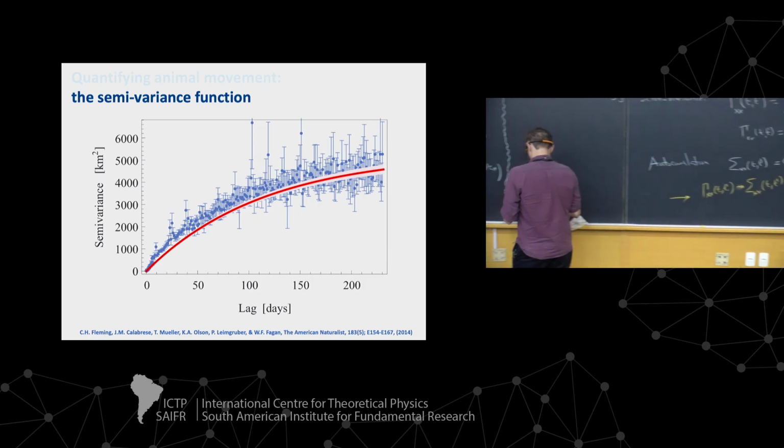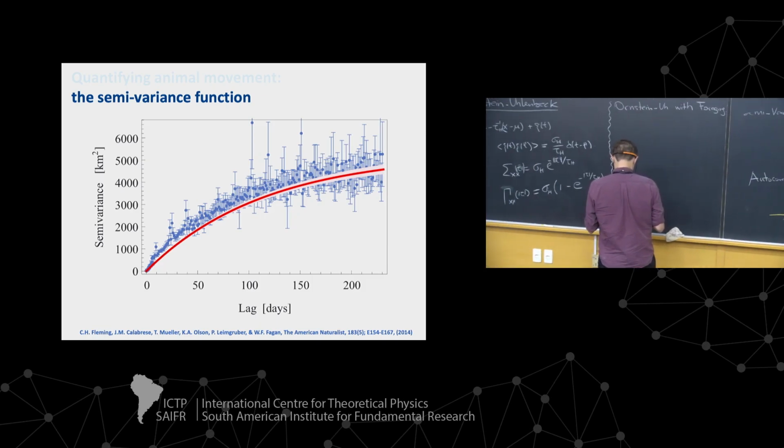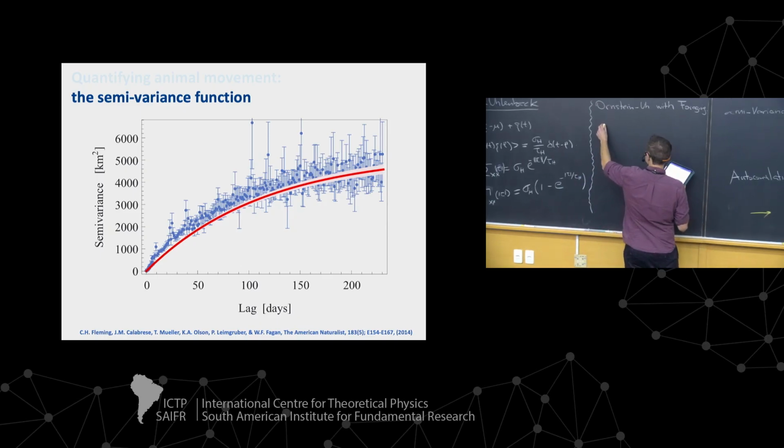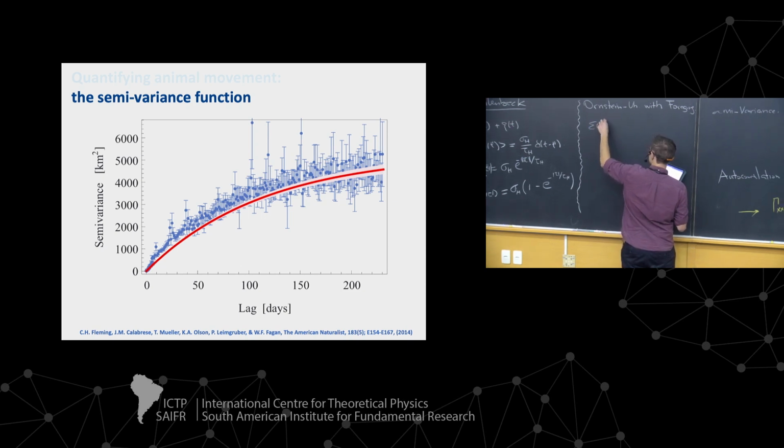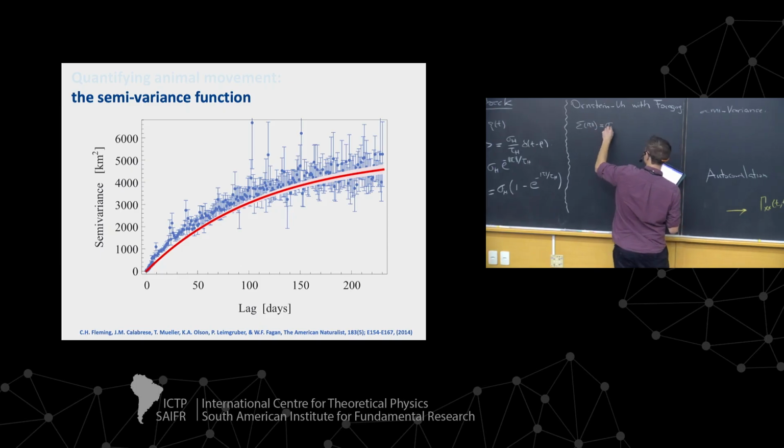So to fix that issue, and this is the bonus homework track, the model that people usually use is called the Ornstein-Uhlenbeck with foraging. I'm going to tell you in a while why it's foraging. And it has this autocorrelation function.